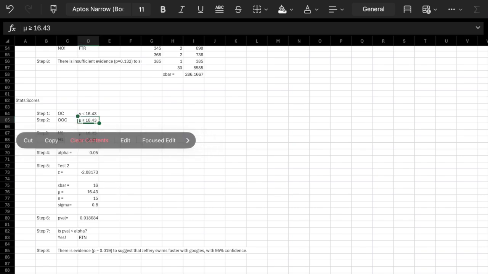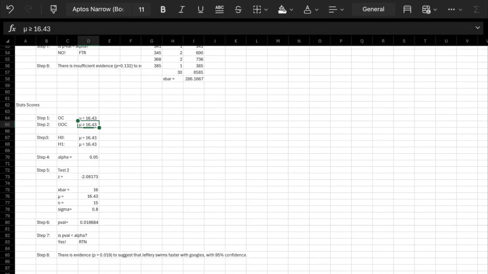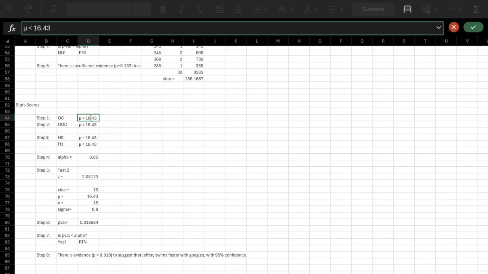So, what is the original claim? It's right here. Thinks the mean score is higher. So, the mean score is greater than 65.